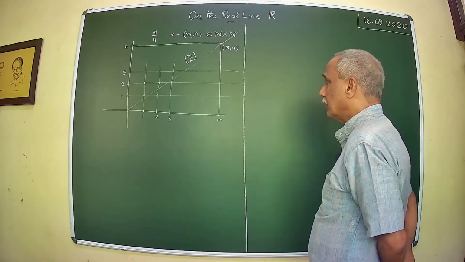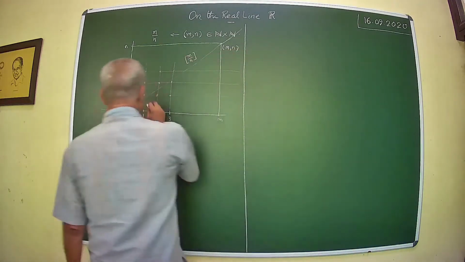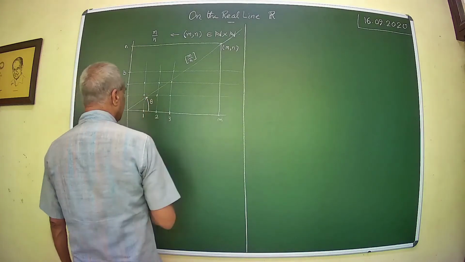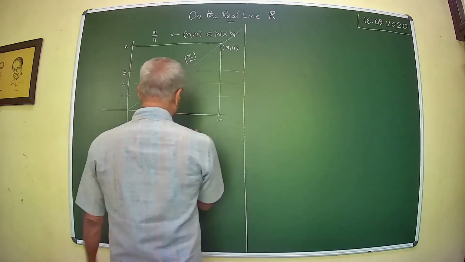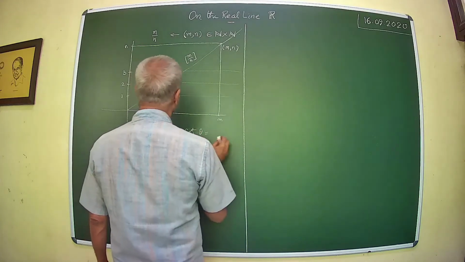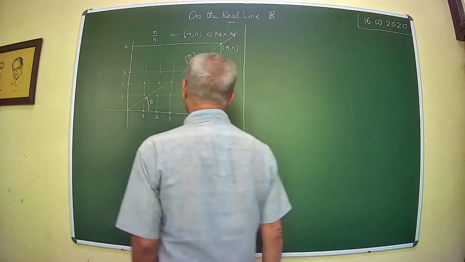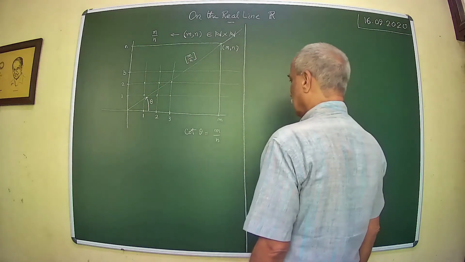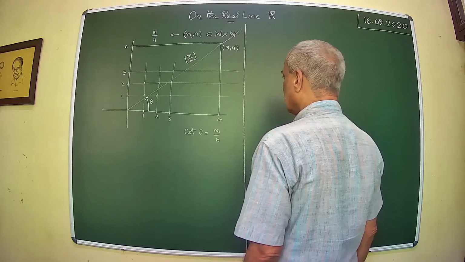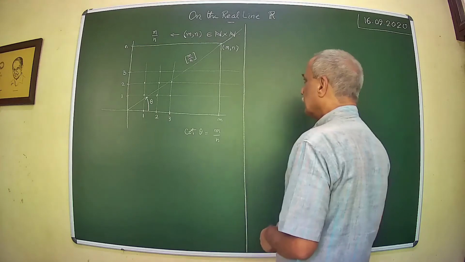Now let us see what more we could look at. So if you consider this angle as theta, then you have cot theta equal to m by n.